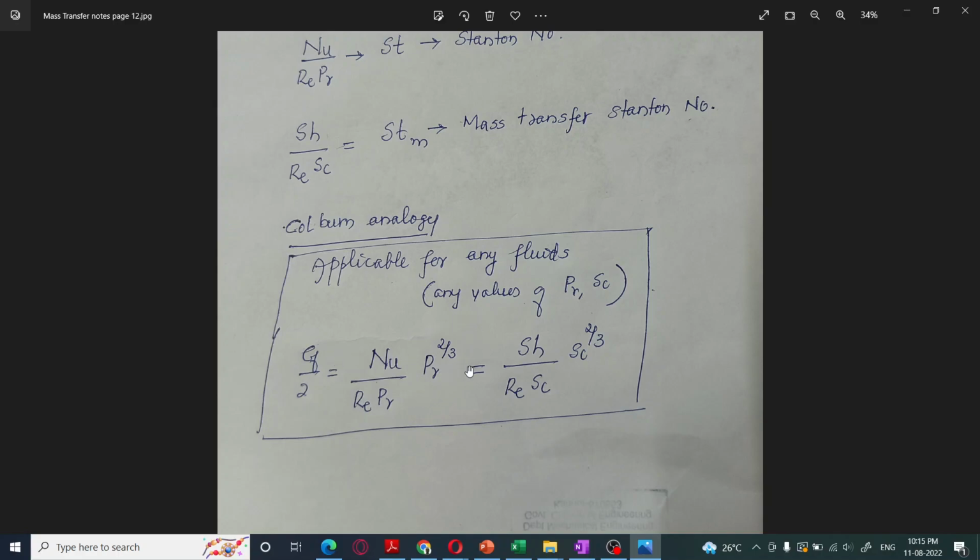Even without knowing the temperatures and things like that, if the coefficient of friction is given for a fluid with this particular Prandtl number, then the heat transfer coefficient can be calculated. So that is the power of the Colburn analogy. Similarly, on this side also, the convective mass transfer coefficient hm can be calculated if you know the coefficient of friction of that fluid.